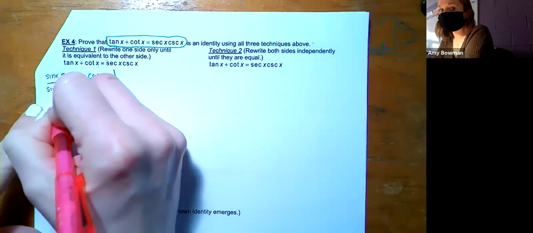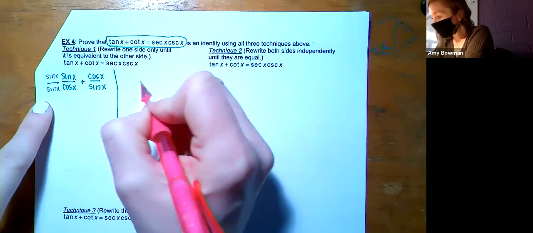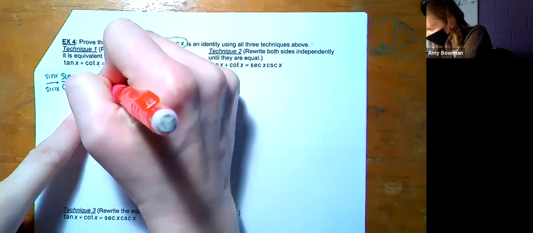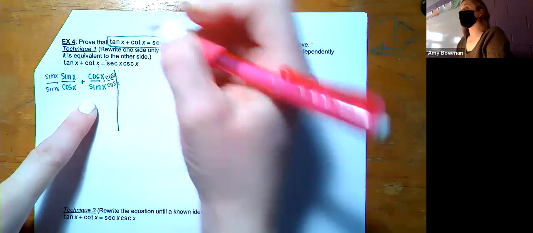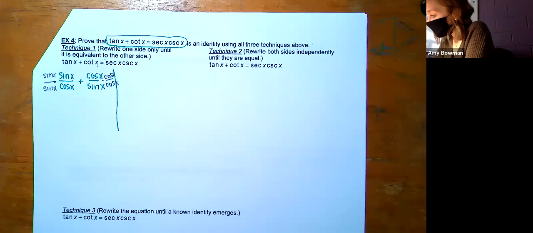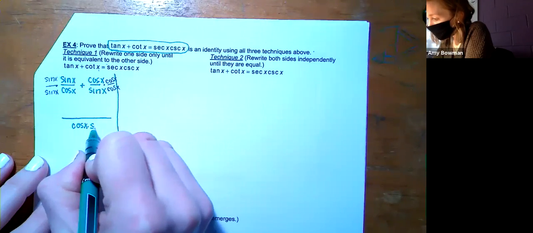On the right-hand side, cosine of x over sine, what do I need to multiply that by? Cosine over cosine. Okay, so it looks like we're overcomplicating it, but that's going to help us because now I have a single denominator of cosine of x, sine of x. Are you guys with me still?